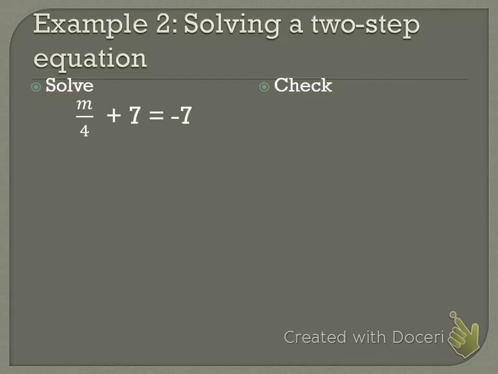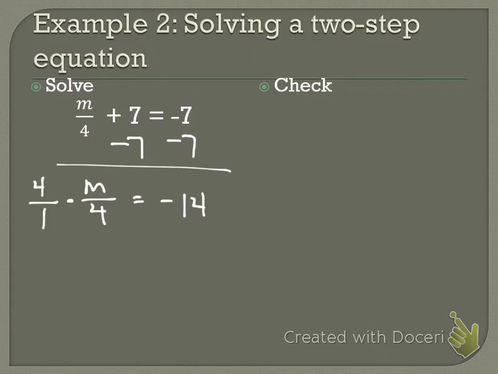M over 4 plus 7 equals -7. Right, start by subtracting 7 from both sides. M over 4 equals -14. Negative, that's important. Multiply both sides by 4.